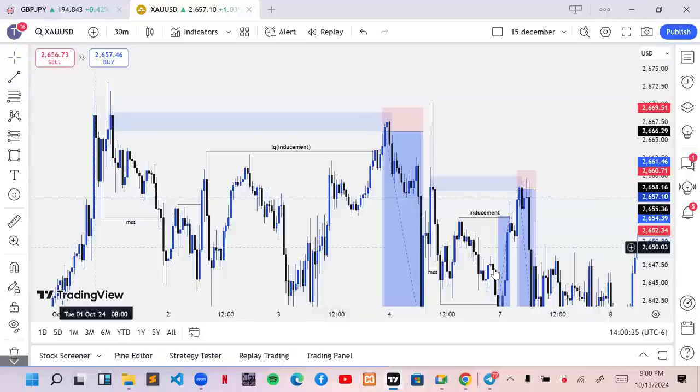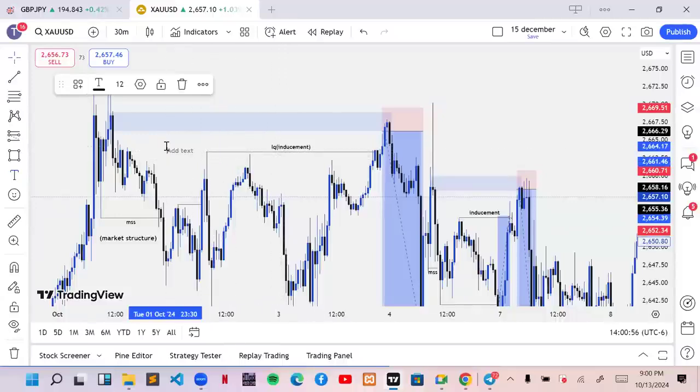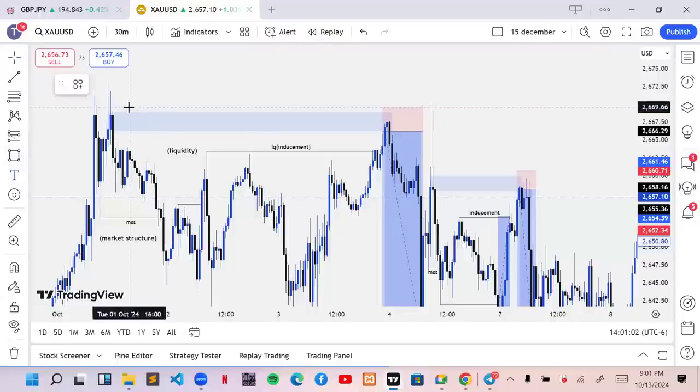So it is this particular trade right here. Market structure shift, inducement, point of interest. So our market structure shift is what our market structure is. This is liquidity, and then point of interest.